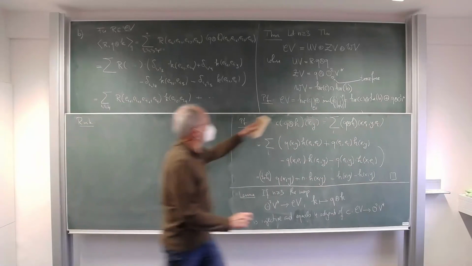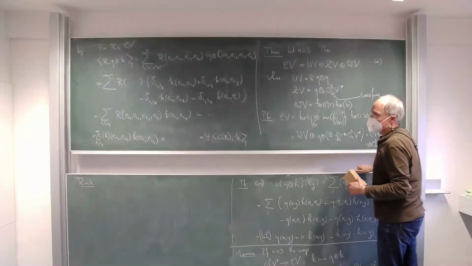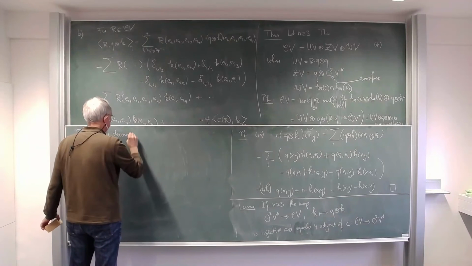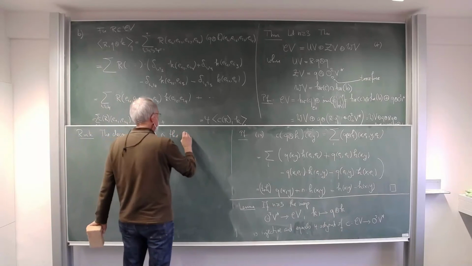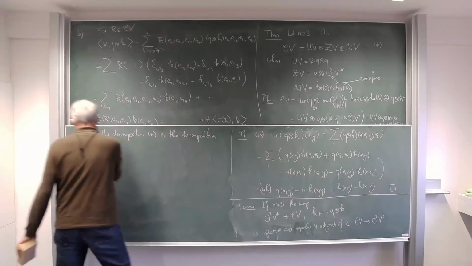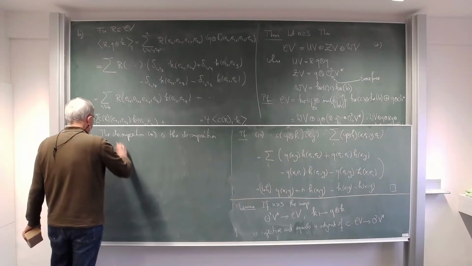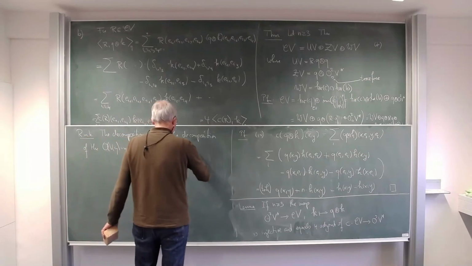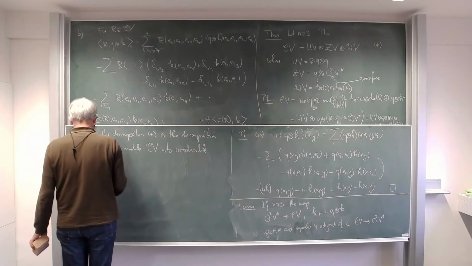So this decomposition, let me give it a name. Star is the decomposition of the O(V) module C(V) into irreducibles, into irreducible O(V) modules.